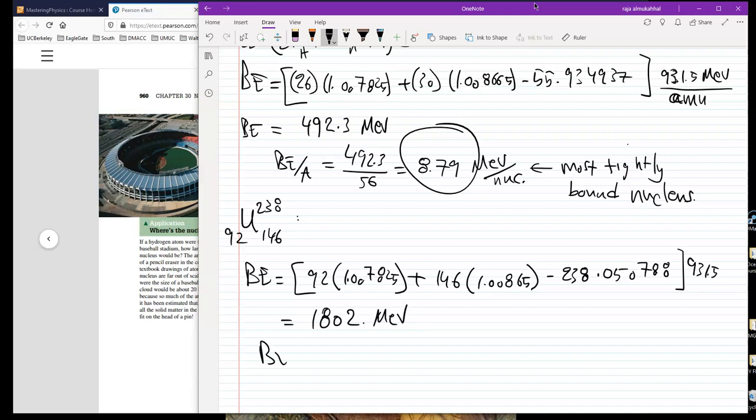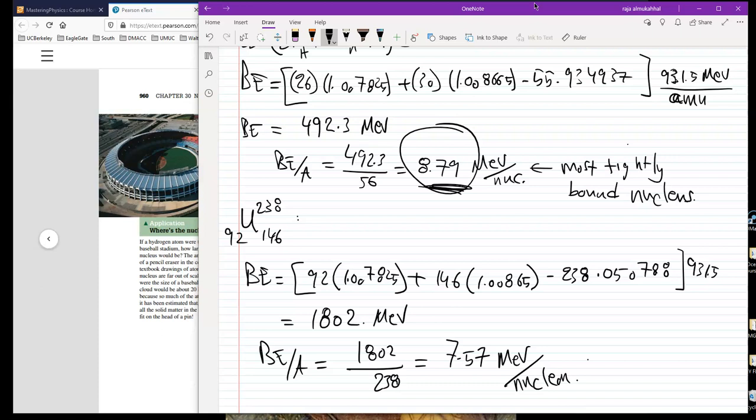And then the binding energy per nucleon for uranium, which is a little bit less. It's not as tightly bound as the iron. So you take that 1,802 divided by 238, and you will get 7.57 MeV per nucleon. Okay, good.